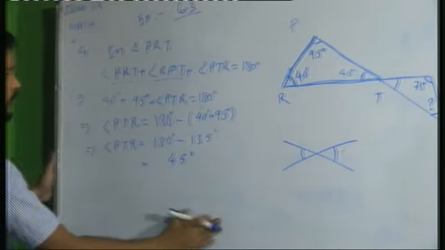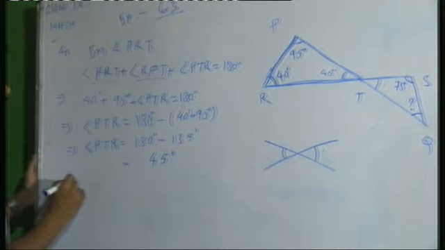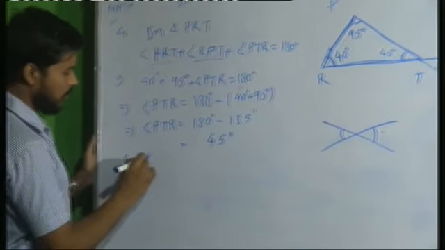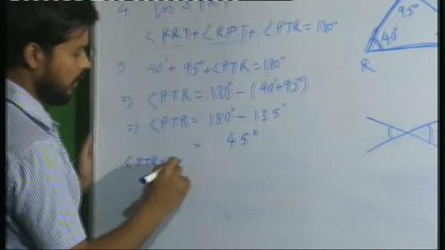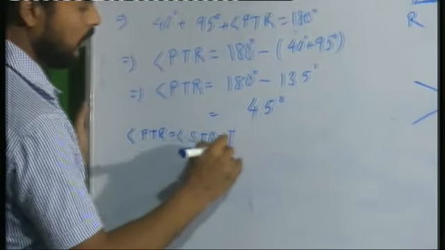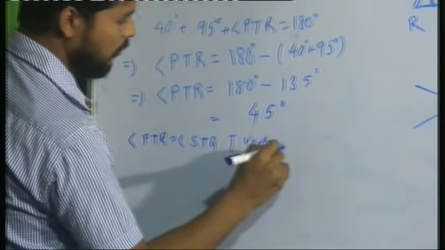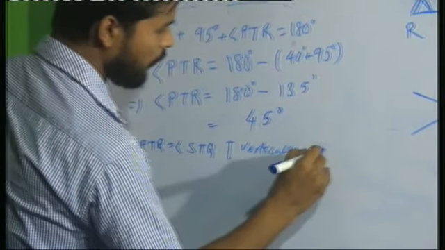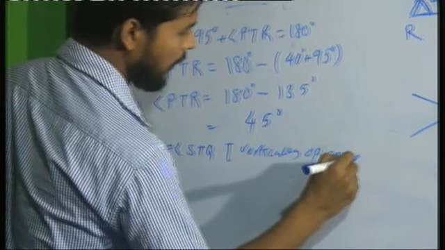So angle PTR will be equal to angle STQ. Why? Because they are vertically opposite angles.